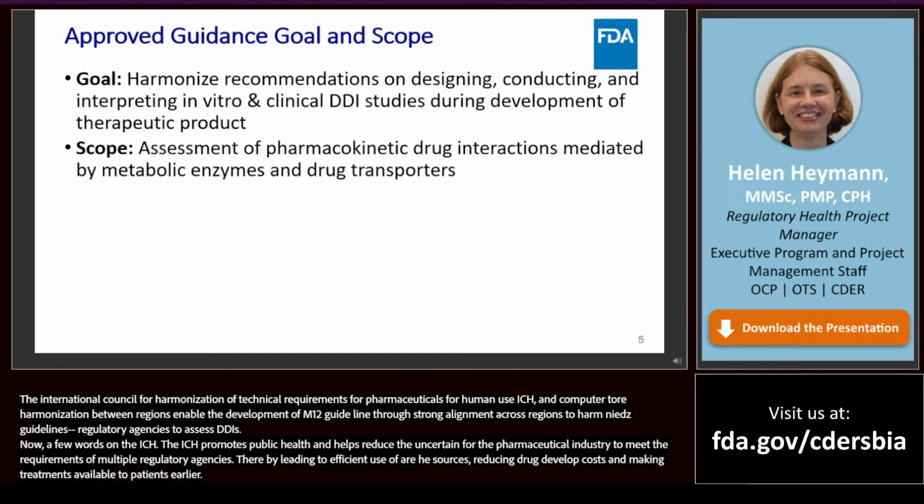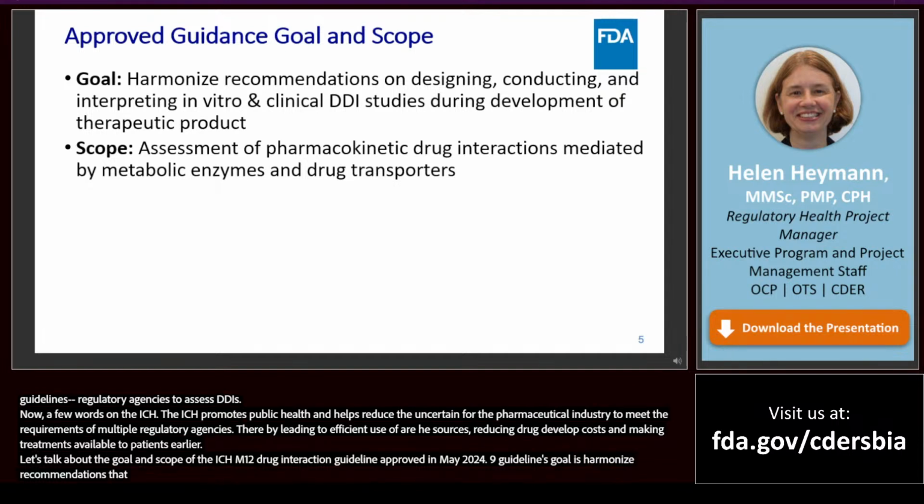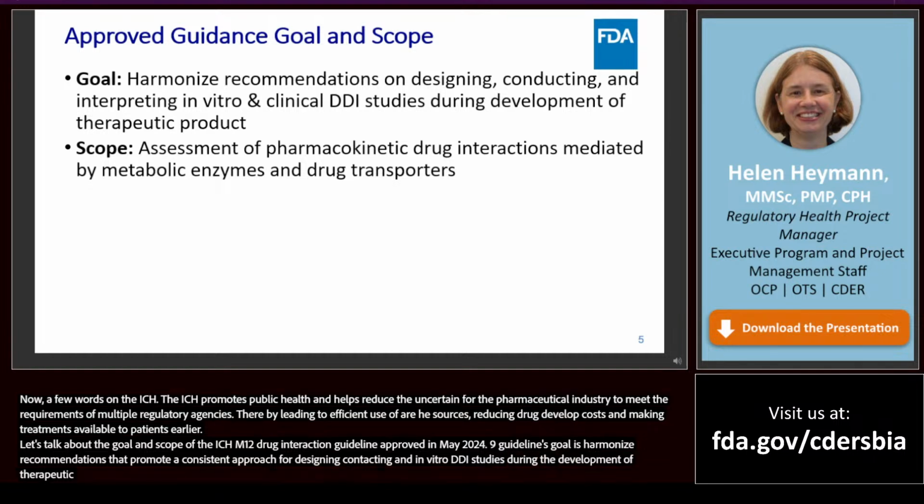Let's now talk about the goal and scope of the ICH M12 drug interaction studies final guideline that was approved in May 2024. The guideline's goal is to harmonize recommendations that promote a consistent approach for designing, conducting, and interpreting in vitro and clinical DDI studies during the development of a therapeutic product.